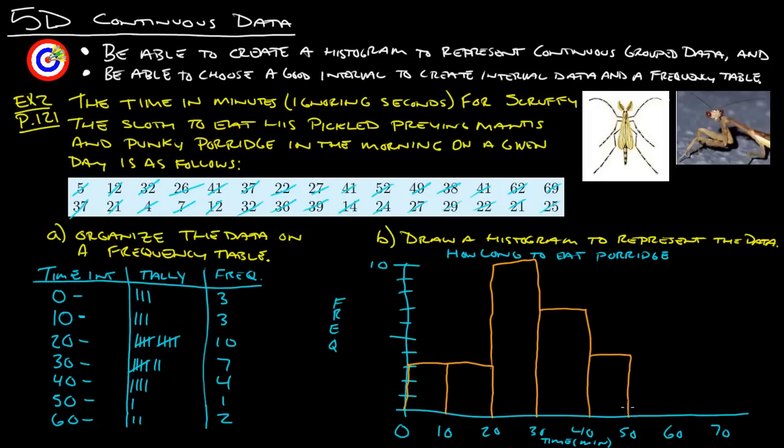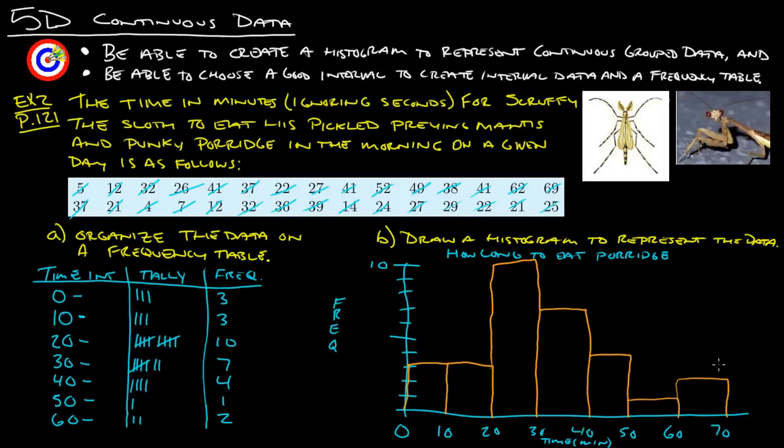From 40 to 50. And then 50 to 60 is only 1. So take that. And then from 60 to 70, or 60 and above, is 2. So we put that up here to about 2 and over, and we are done.